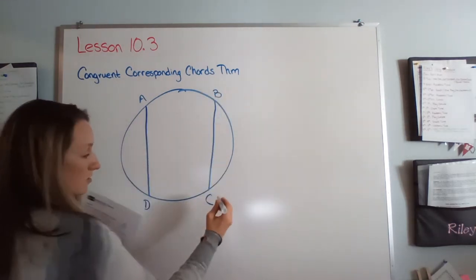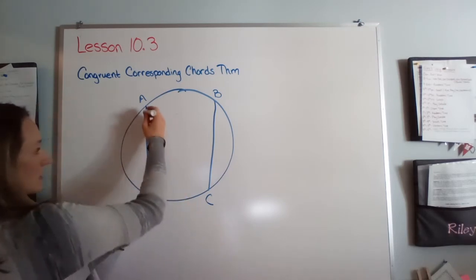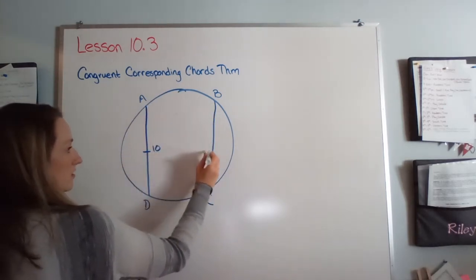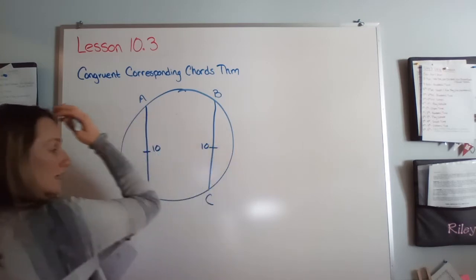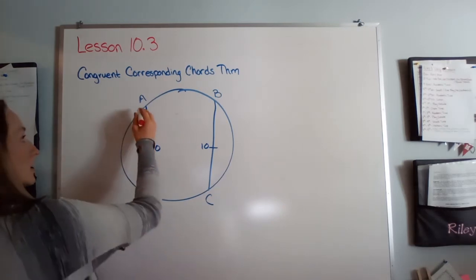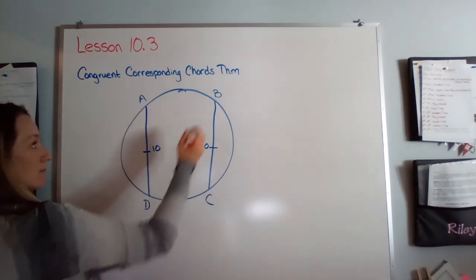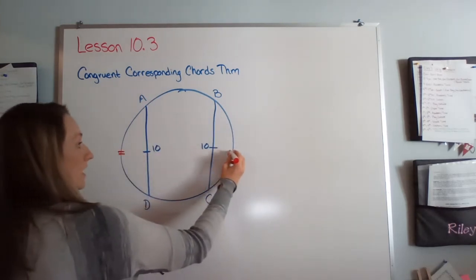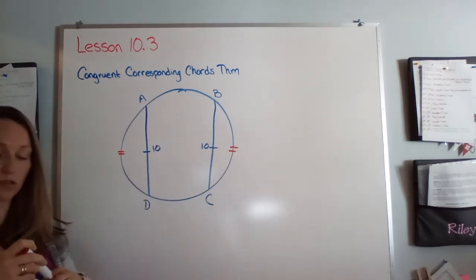Not drawn to scale, but let's say this chord is congruent to that, both 10 units long. If those 2 chords are congruent, this theorem allows us to conclude that the minor arc AD and the minor arc BC are also congruent to each other. And again, the converse of that is true as well.